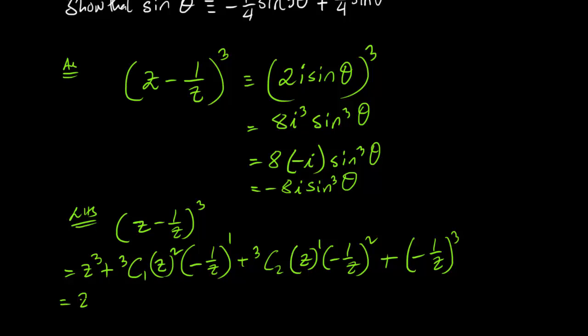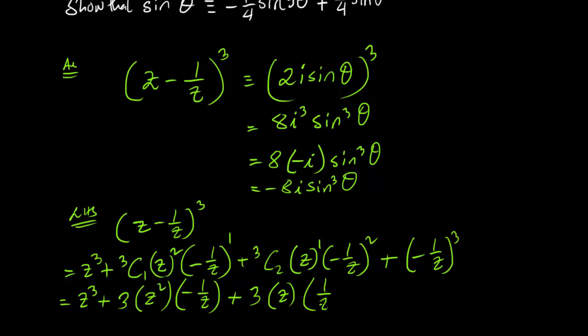So this is z to the power 3 plus 3c1 is 3, this is z squared, this is minus 1 by z, plus 3c2 is 3, z to the power 1 is z, this is 1 by z squared, and minus 1 by z whole cubed is minus 1 by z cubed.